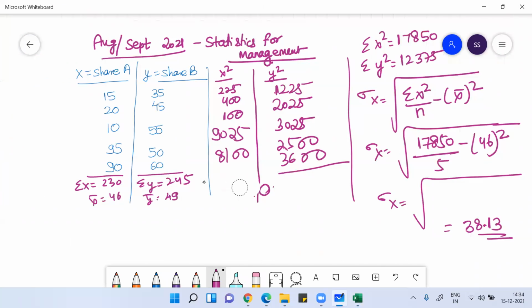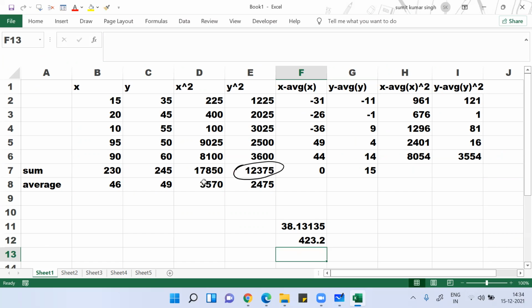Okay, so wait. The sum of x square is 17850.